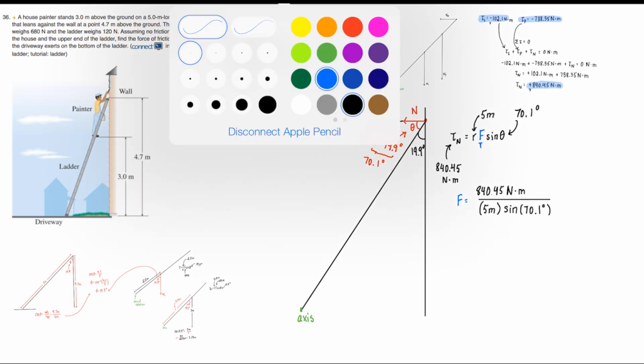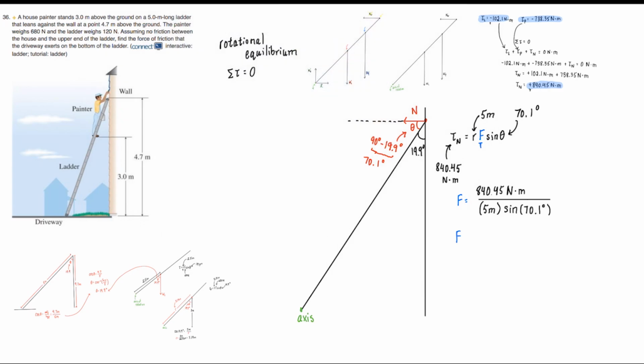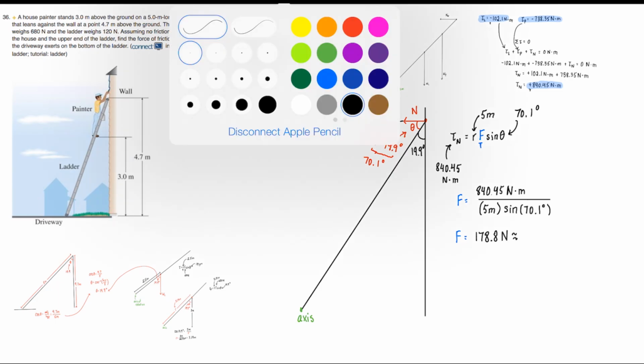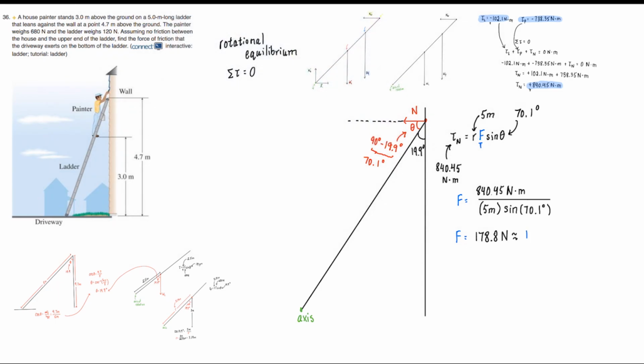So our normal force at the top of the ladder is going to be equal to 178.8 newtons. If we just round that, we can round it to 180 newtons. Now this force is actually equal to the force of friction that the driveway is exerting on the bottom of the ladder. So this is actually our final answer.